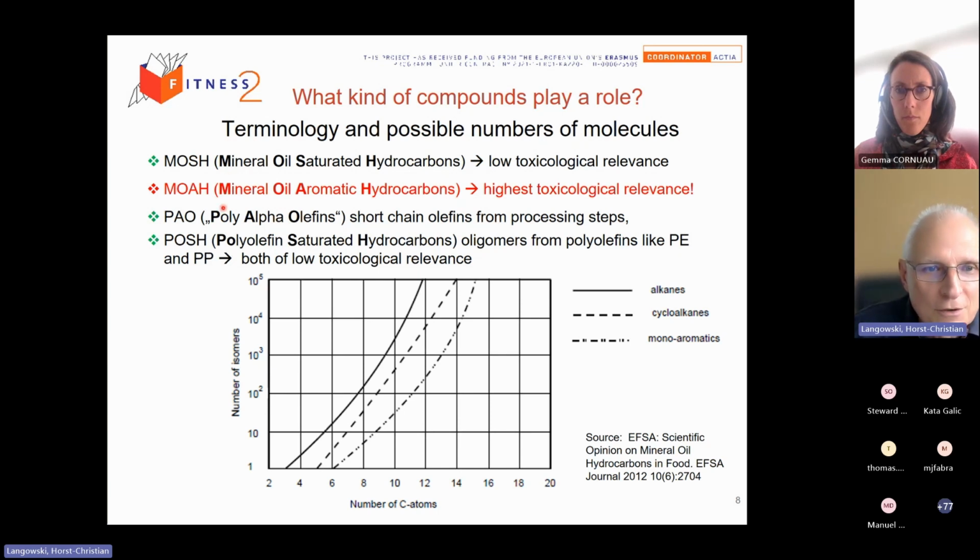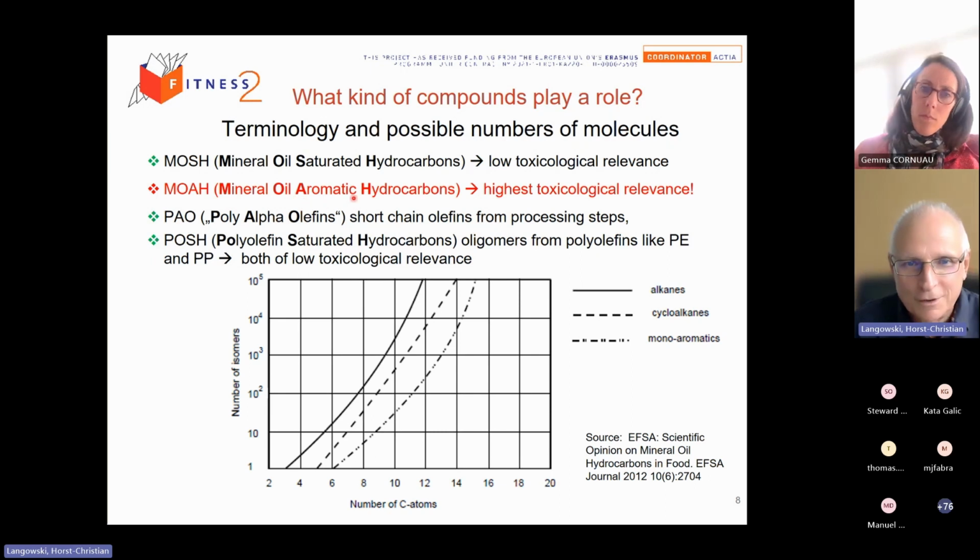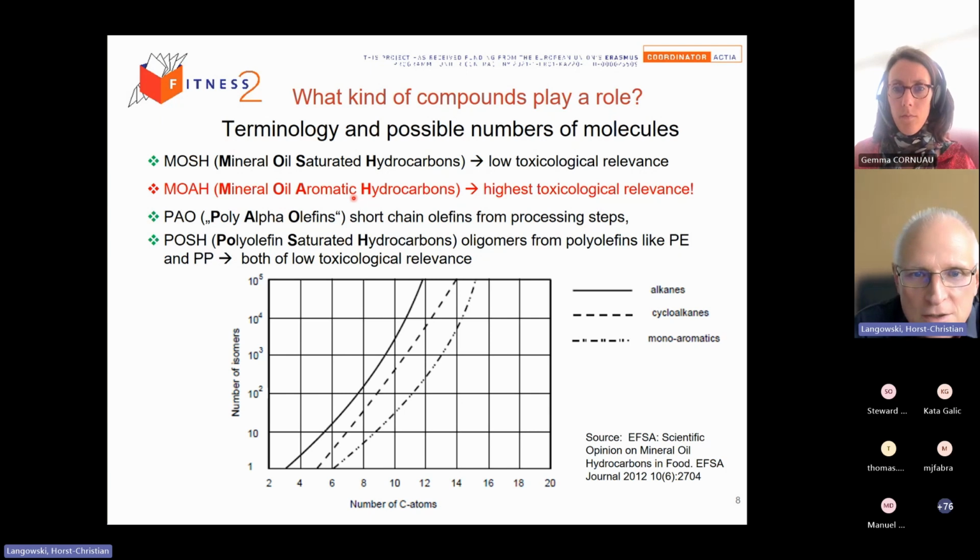But we are also talking about the mineral oil aromatic hydrocarbons. And if you see the word aromatic, you already recognize that some of them may be carcinogenic or have other adverse properties. Therefore, this is the fraction that has the highest toxicological relevance.